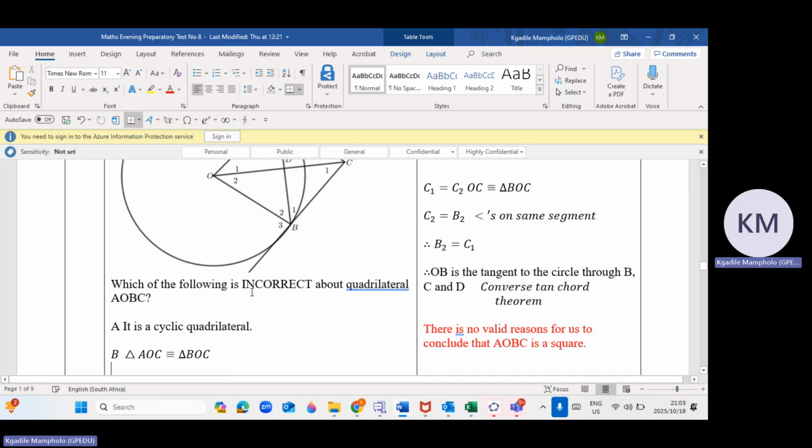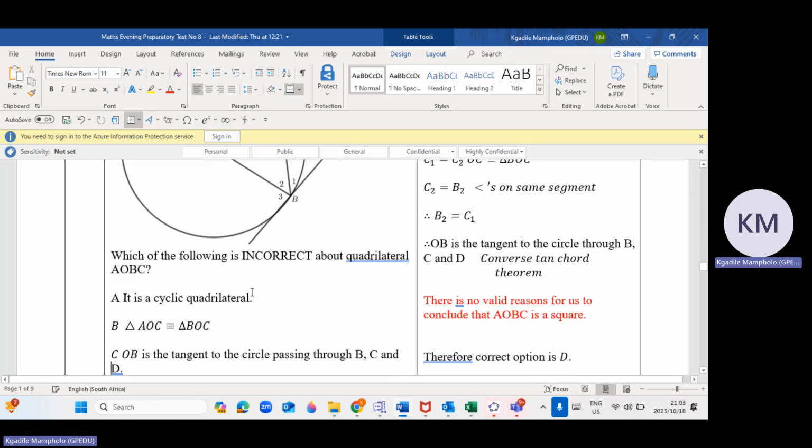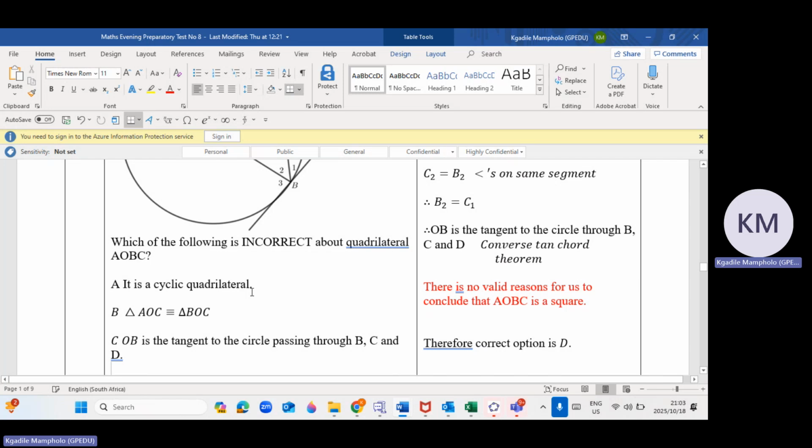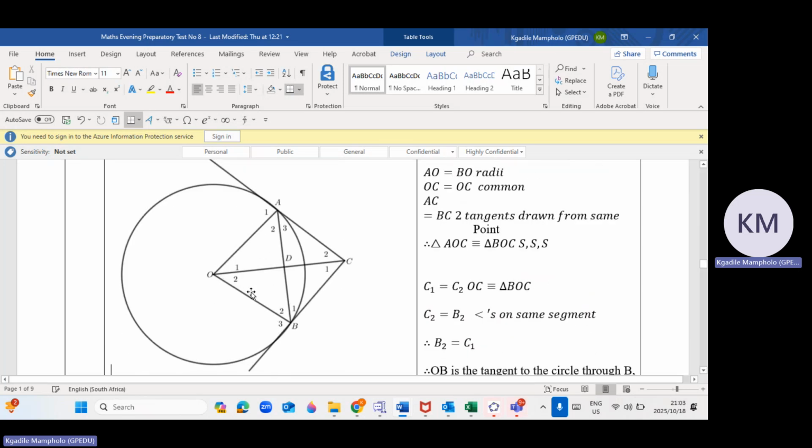B or C, are they similar? Yes, they're congruent because we have side condition. If you check, we talk about the two triangles AOC and BOC. AO equals to OB, radii.